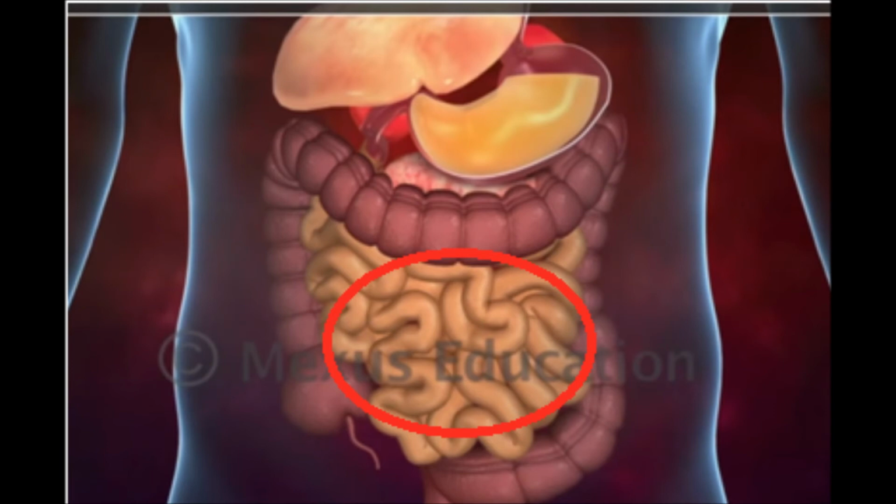The digested products are mostly absorbed by the small intestine. The ileum opens into the large intestine, which is much shorter and wider than the small intestine.